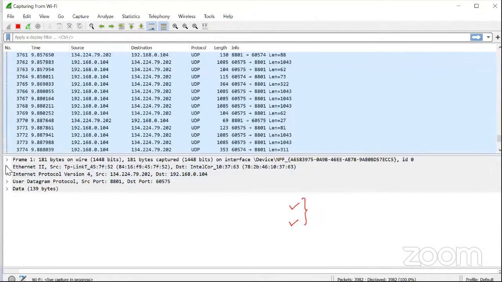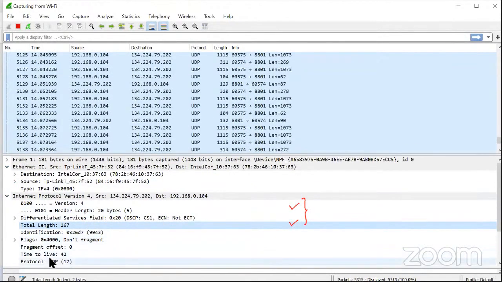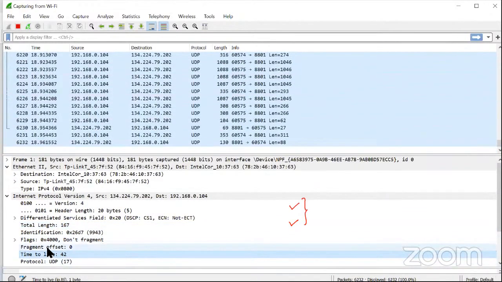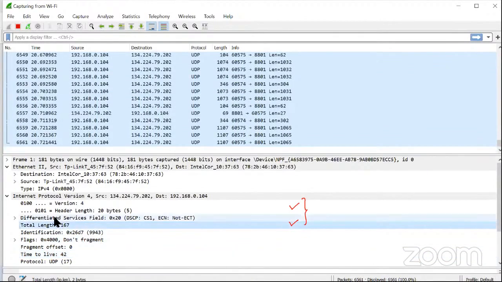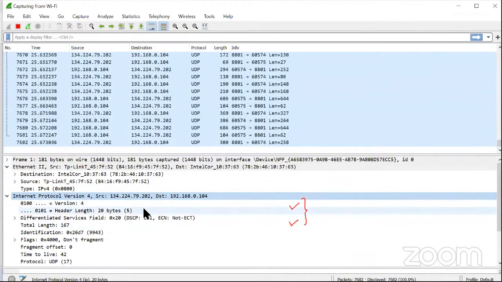This Internet Protocol Version 4 has all the details we are talking about right now in terms of the IPv4 header: what protocol is used, the TTL, the fragment offset, the total length, the type of service, the version, the source IP, the destination IP.